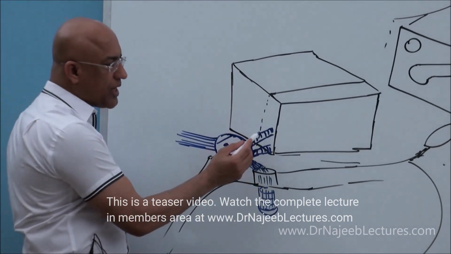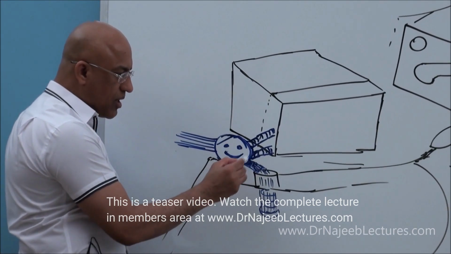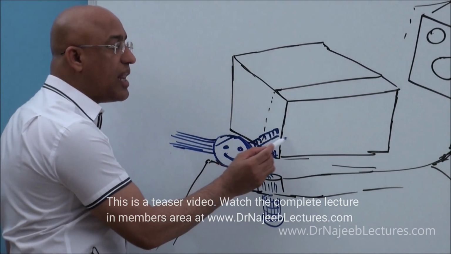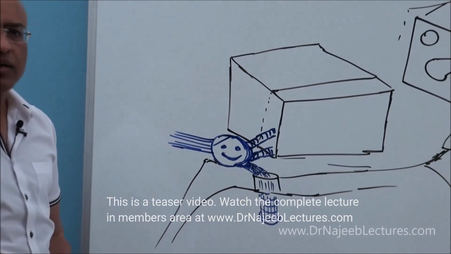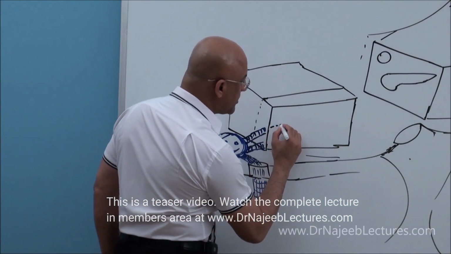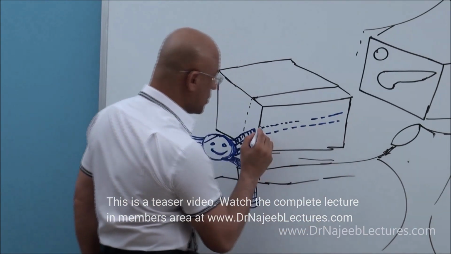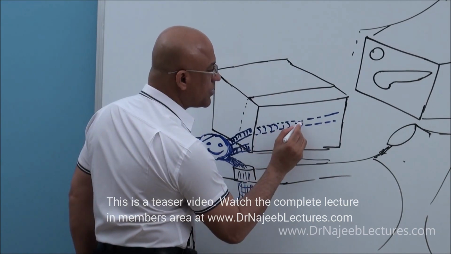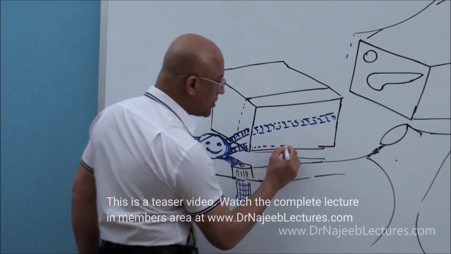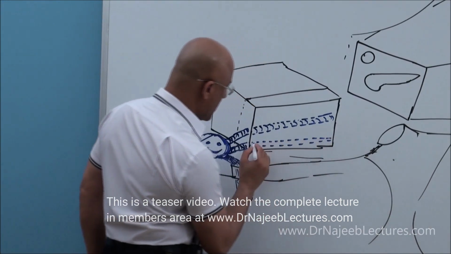Now the ophthalmic division and maxillary division, as they originate from this trigeminal ganglion, move forward into the lateral wall of the cavernous sinus. So they will pass through the cavernous sinus. This is your ophthalmic, and here is the maxillary nerve.